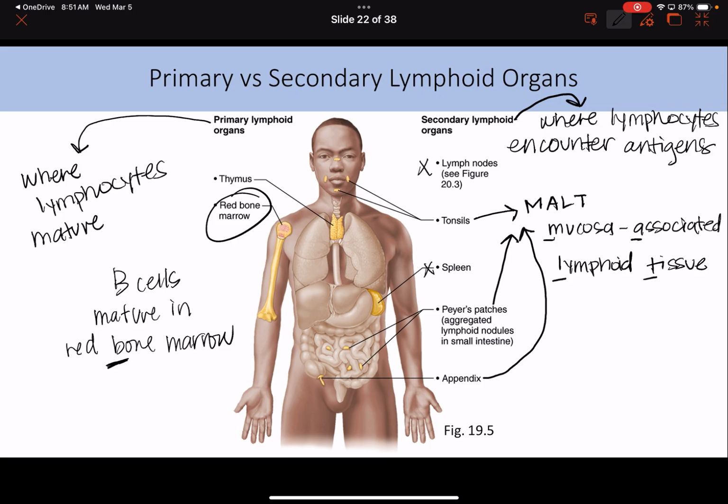Now it has the ability to become infected. If bacteria get inside and grow, it enlarges and inflames, and it can burst. Then you would have bacteria spread all throughout the inside of your abdomen and it could lead to sepsis, which is why as soon as you get that pain and they know you have appendicitis, they want to remove it so that it does not rupture, because that could cause a really big problem.